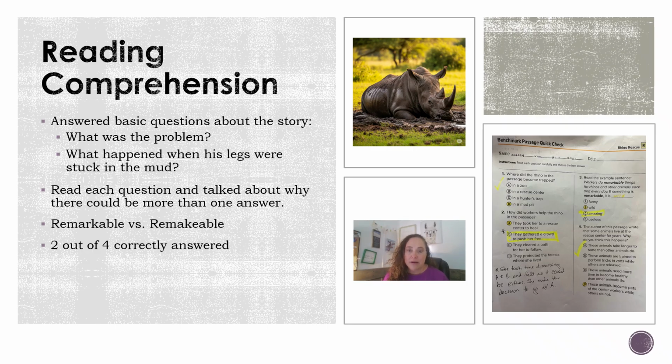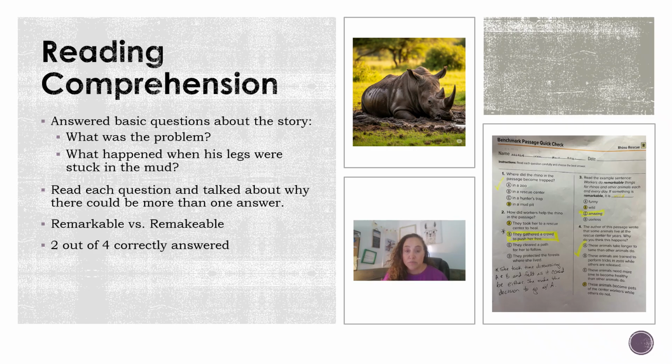The important thing about that first one is she recognized the rescue center as part of the answer. So I think that's maybe why in the end she decided to go with A instead of letter B. And then the last part, number 3, is trying to figure out what a word means.